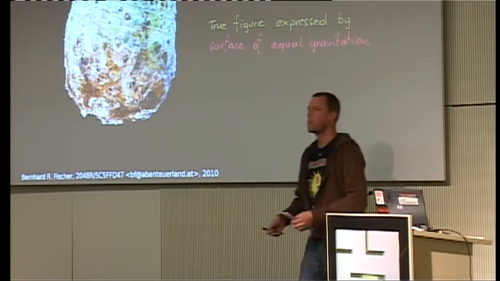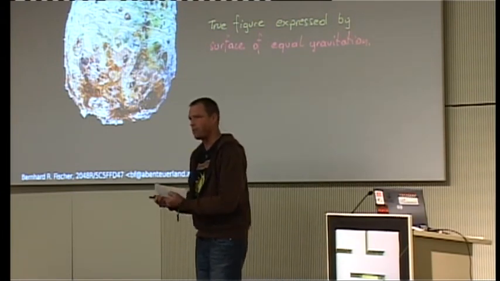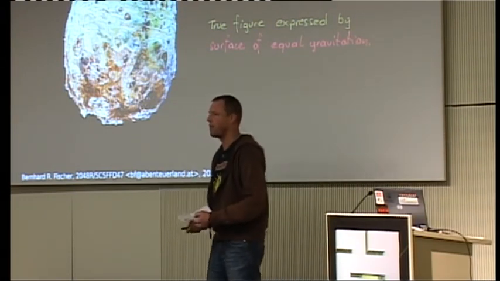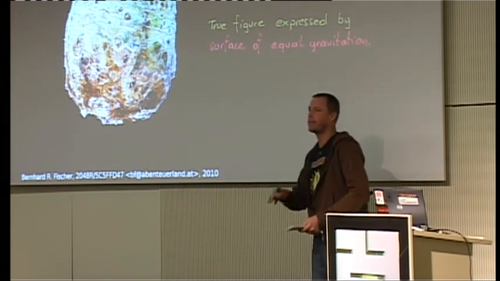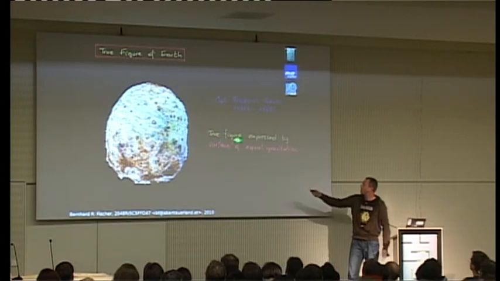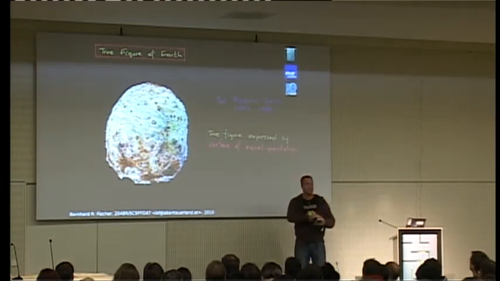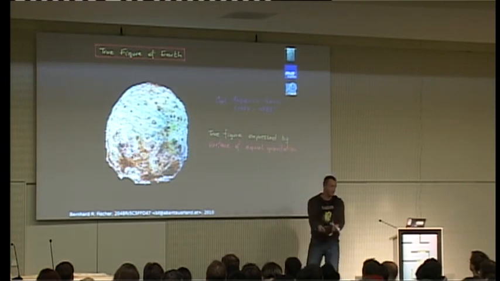And we can determine the real body of this object by measuring the gravity. So he said the true figure of Earth is expressed by a surface of equal gravity around the Earth.